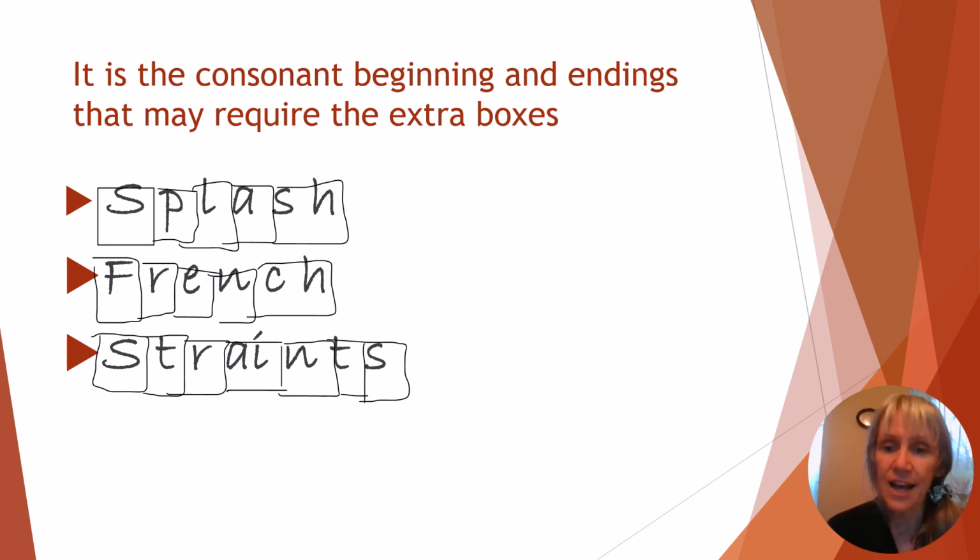We hear the S sound represented by the letter S, and it gets a box. 7 phonemes, 7 graphemes, and we have 7 sound boxes, even though there are 8 letters in this word part.